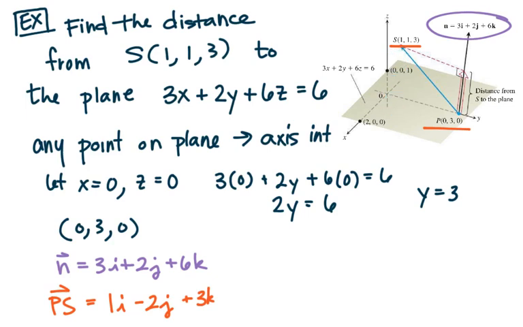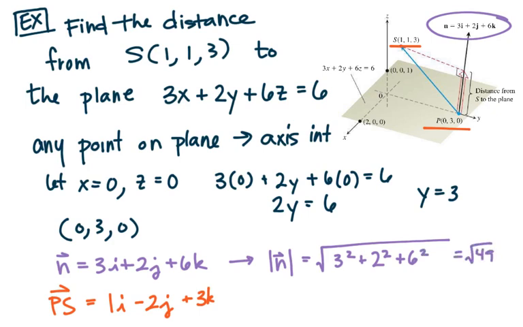Specifically the shortest distance from S to that plane. So regardless, we need to know the magnitude of n, which is the square root of 3 squared plus 2 squared plus 6 squared, or the square root of 49. The magnitude of the n vector is 7.